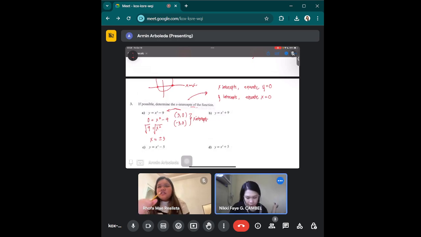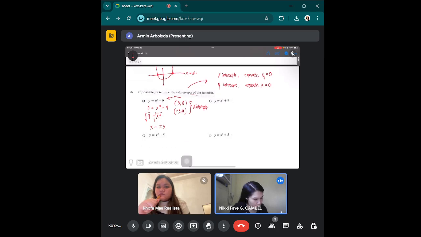Let's move on sa D. Okay. So, paano nga ulit magkuha ng intercepts? You're gonna equate y to 0. So, this one is 0 equals x squared plus 9.